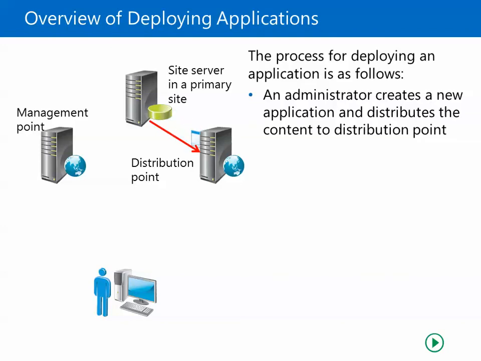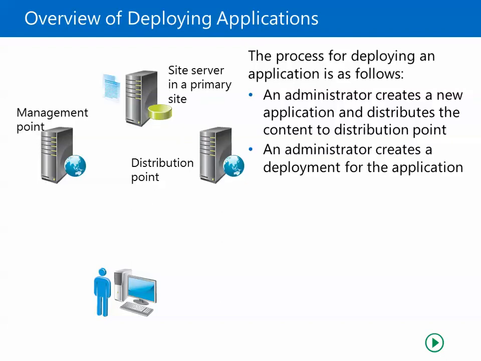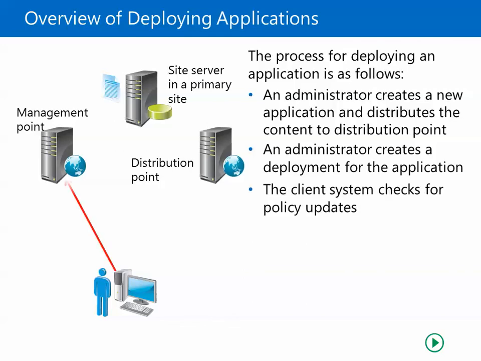So overview of deploying applications. The process of deploying an application is as follows. The administrator creates a new application and distributes the content to the DP. After that, the administrator creates a deployment for the application. Then the client system checks for policy updates from the management point. The management point will get the policy from the site server and give it to the client.